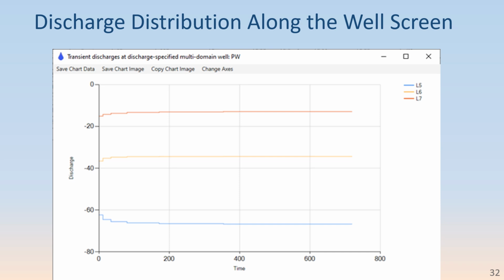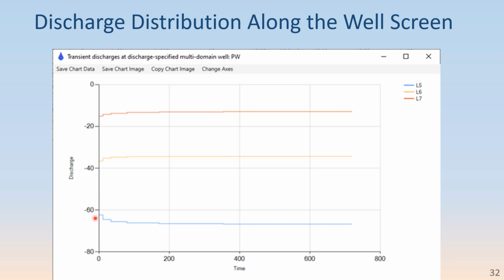The discharge was specified and constant, but how it was distributed among the 3 different layers spanned by the well screen did vary some with time. We got about half of our total discharge, or a little more than that, coming from that thin layer 5, which was highly conductive, and lesser amounts in layers 6 and 7.